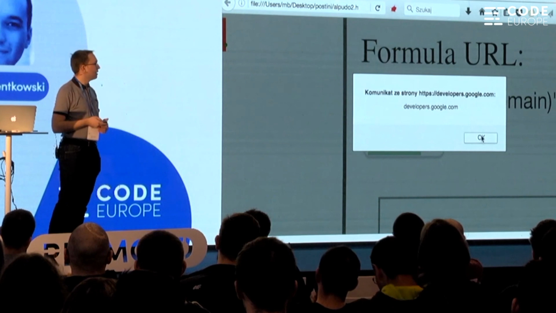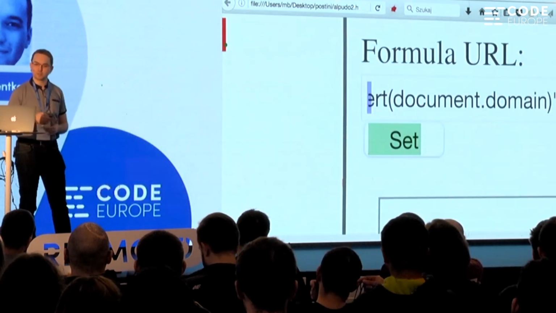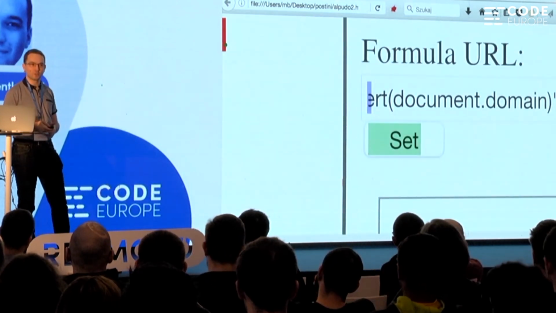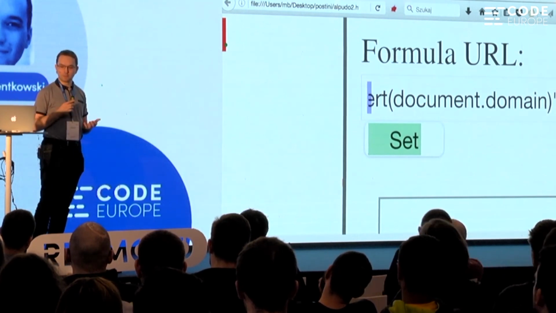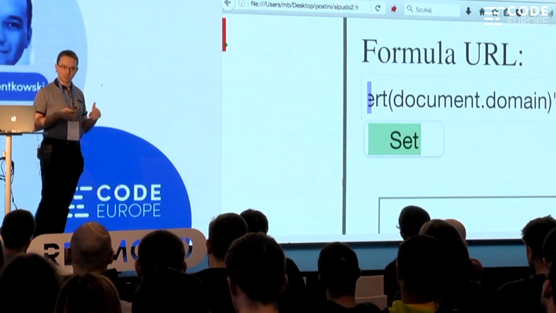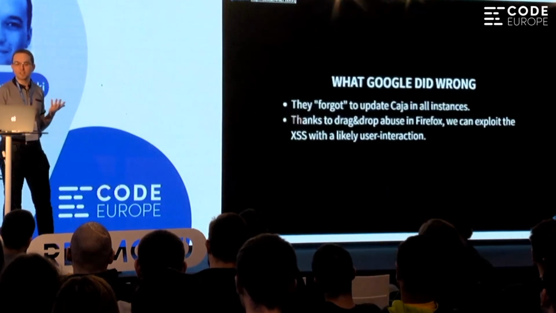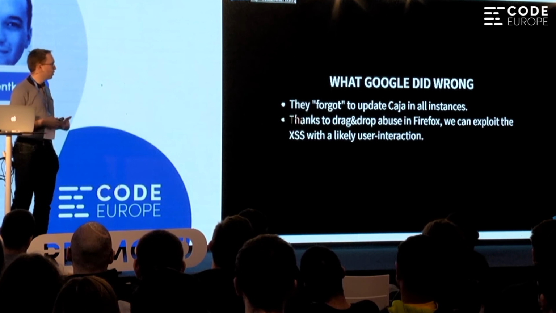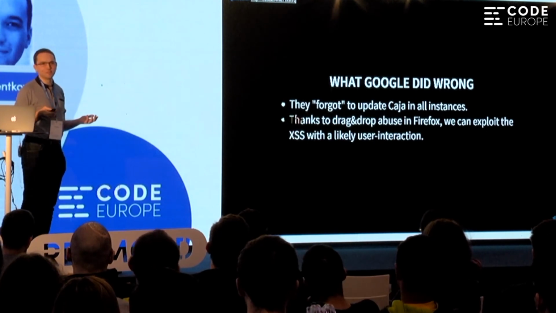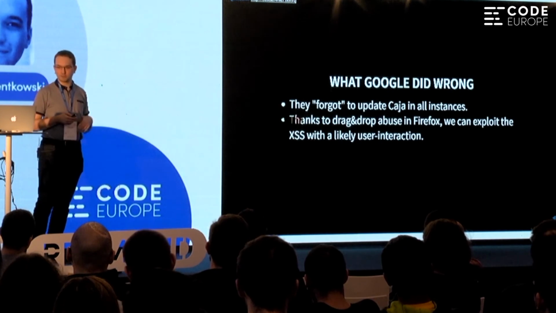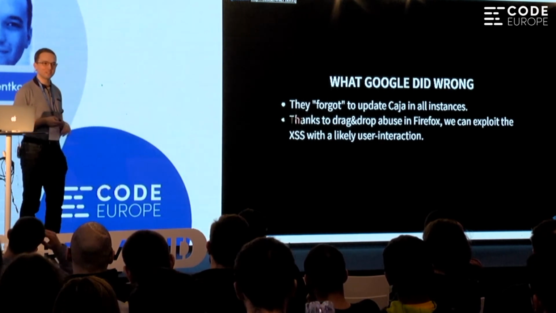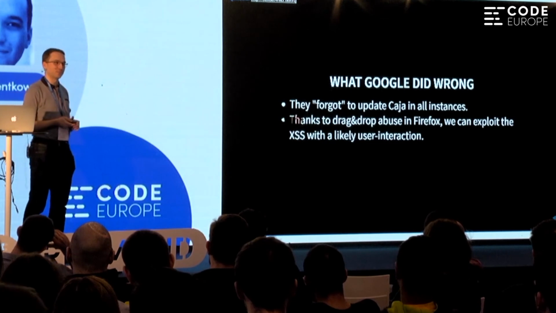So thanks to drag and drop in Firefox, because this attack worked only in Firefox, as other browsers don't make it possible to do a drag and drop across different origins. However, Google had a problem: they forgot to update Kaha in all instances. And thanks to the drag and drop abuse in Firefox, we can exploit the XSS with quite likely user interaction.